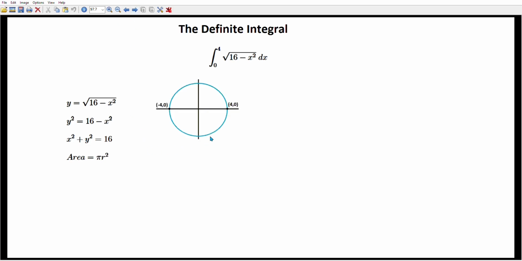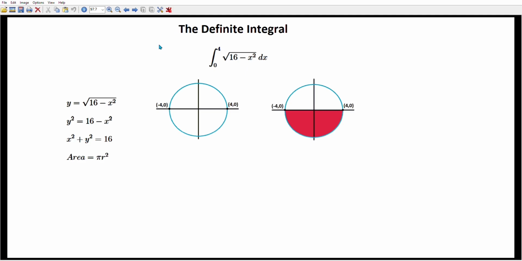Here's our circle, as described by x squared plus y squared equals 16. But one of the things that we notice is the original function y equals the square root of 16 minus x squared is always bigger than or equal to 0, which means that this section of the circle is not included in our area calculation.